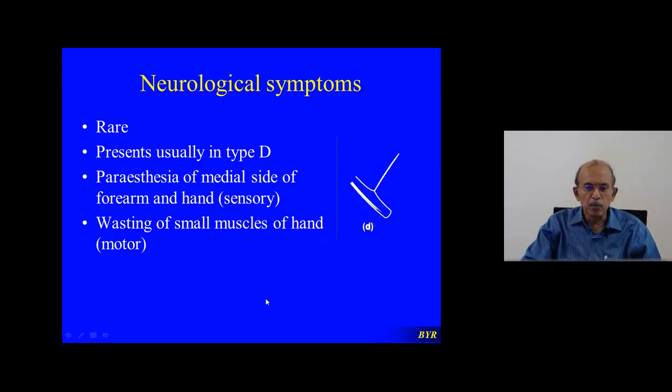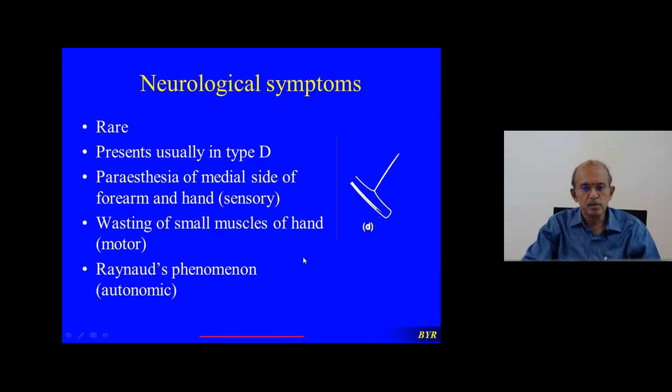The thenar and hypothenar muscles are not called the small muscles. Then there may be stimulation of the sympathetic nerves that are coming in the T1 segment. They are stimulated and they can cause vasoconstriction producing Raynaud's phenomenon.